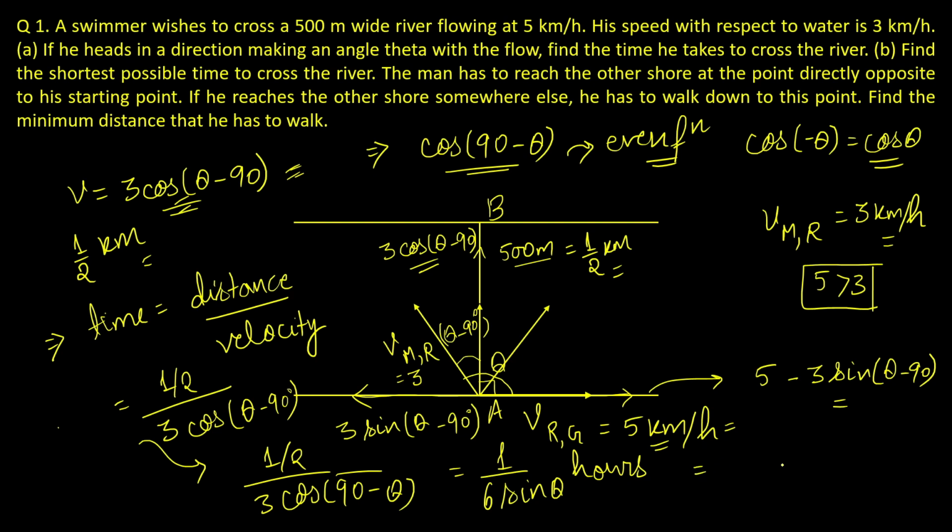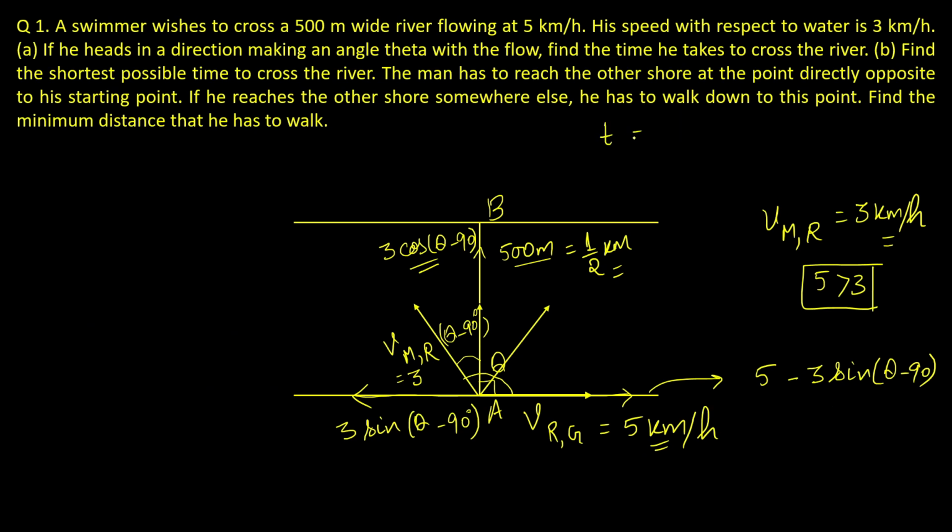Or this can further be simplified to minutes. How? By multiplying with 60, like 1 upon 6 sine theta multiplied by 60, and this will be 10, and that is equal to 10 upon sine theta. This is the answer, this much minutes. So the time taken by the swimmer to cross the river is 10 upon sine theta in minutes.